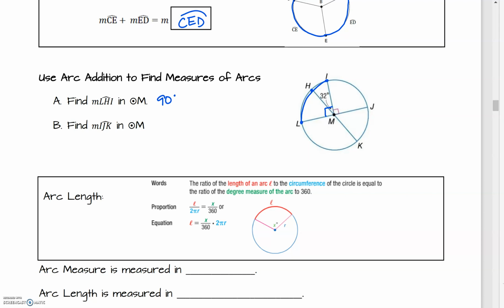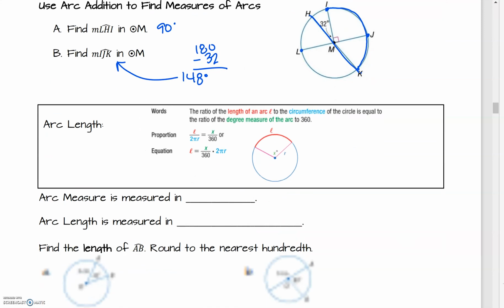And then we have I, J, K. So this section right here. We want to figure out what that is, which we know from H to K, that's 180, but we don't have this little 32 degrees. So 180 minus 32 degrees is going to give us 148 degrees, which will be our arc right there.